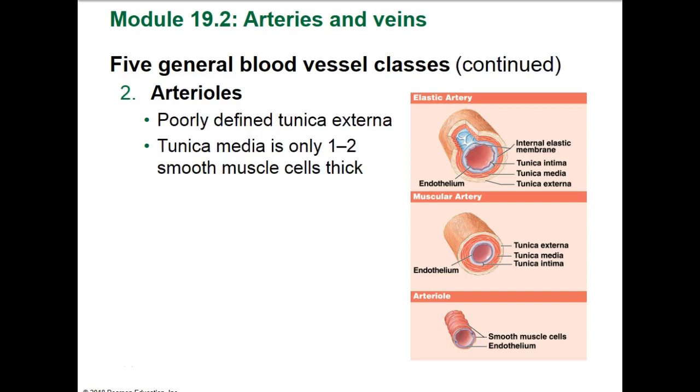Now we're going to go to the smaller arteries, called arterioles. They have a poorly defined tunica externa. The tunica media is only 1 to 2 smooth muscle cells thick. So now we're getting closer to the peripheral tissues, closer to the capillaries.